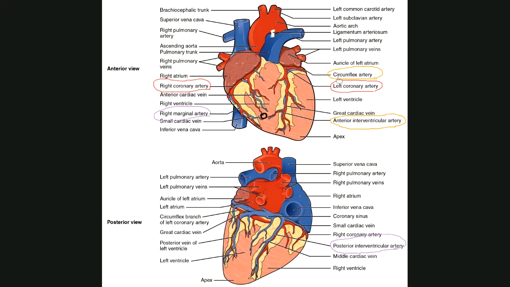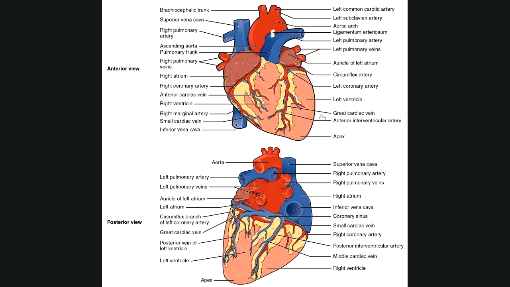Okay, sure. The next part is about the veins. You need to know the names of 4 major coronary veins on the surface of our heart. One of them is located in the anterior interventricular sulcus.